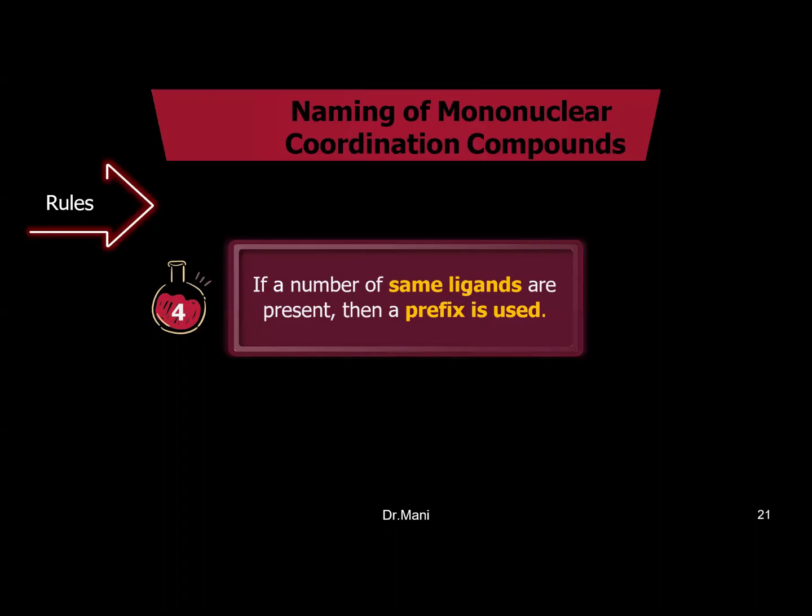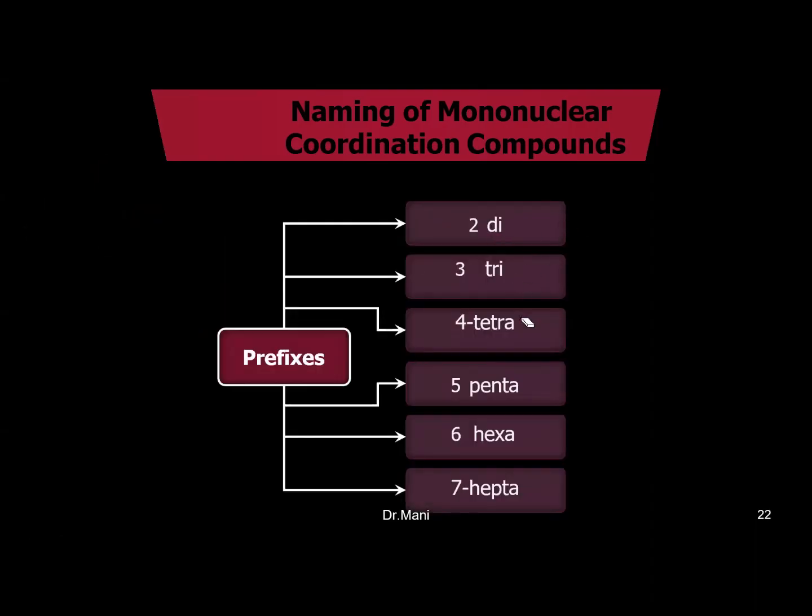If a number of the same ligands are present, then a prefix is used. Remember this. And when you are writing the coordination sphere, all the ligands are listed in alphabetical order. First of all, when the same ligands are present in more numbers, you will use prefixes like di, tri, tetra, penta, hexa, hepta.